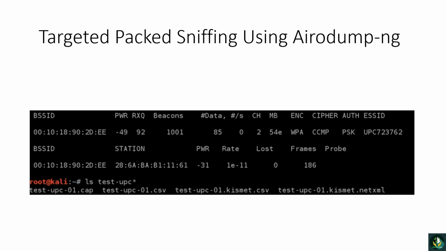The problem is that this specific network uses WPA encryption, so all the packets are encrypted, and we cannot decrypt them unless we have the key. We'll talk about how we collect the key in future lectures.